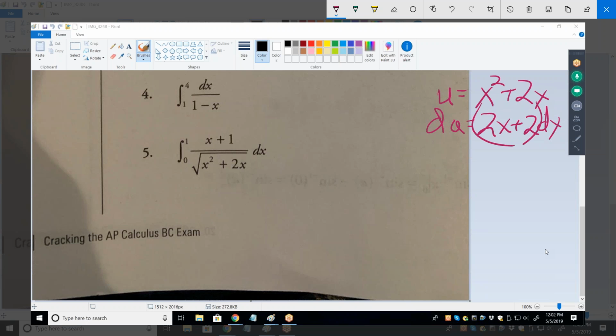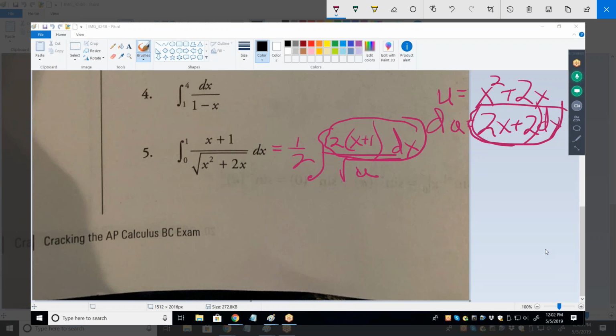And yeah, I suppose that'd be the easiest thing to do, would be to put a 1/2 in front and then put a 2 in the numerator. Like that.